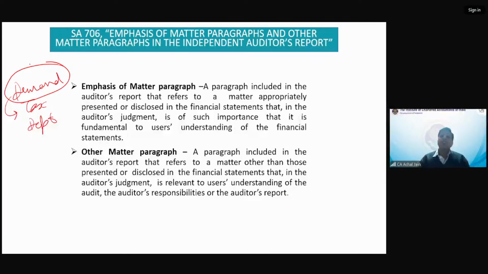The company may also engage some tax consultants, not the ones belonging to the auditor, but a third party consultant. And they may also not be very clear. So they may say, okay, we'll get into the litigation, but we don't know what is going to be the outcome. It could be favorable or unfavorable.